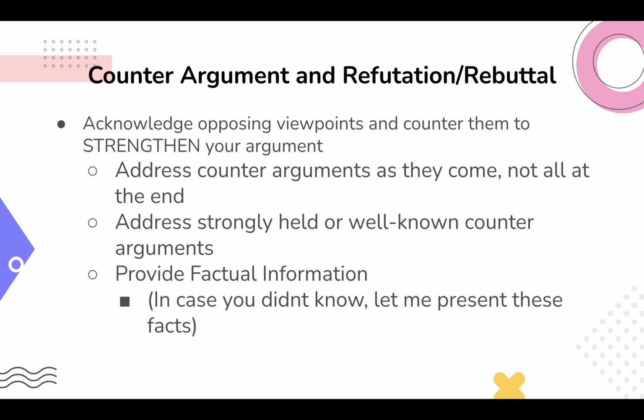So if we're talking about this idea of wings, the claim might be that flats are better than the drumsticks, and I might give specific evidence about the average weight of the flats versus the drumsticks. My counter argument might be that when you look at them, it's going to appear that the drumsticks have more meat on them than the flats.